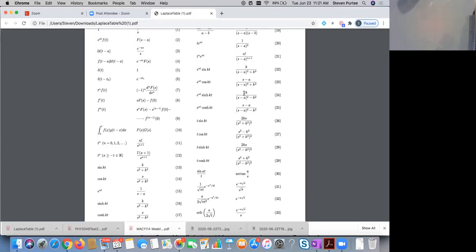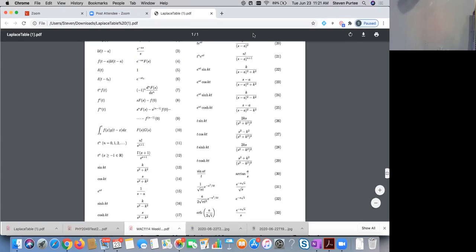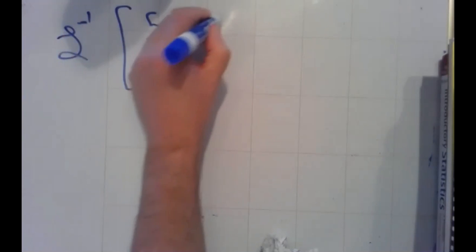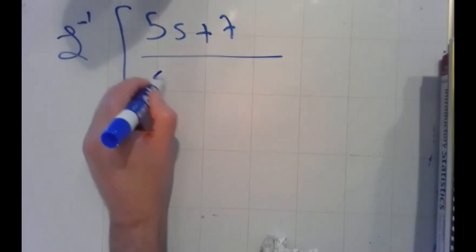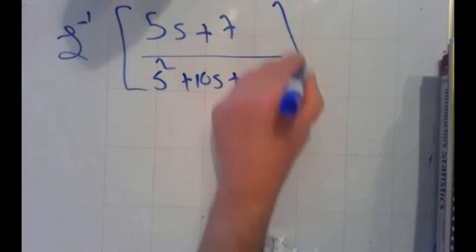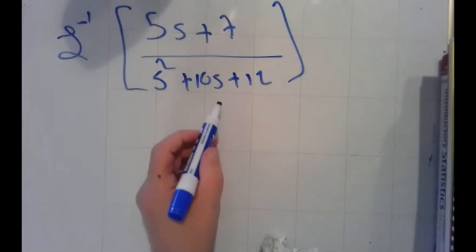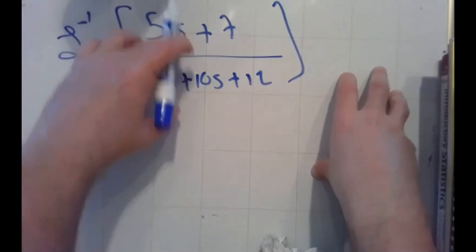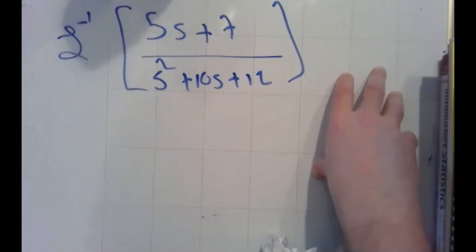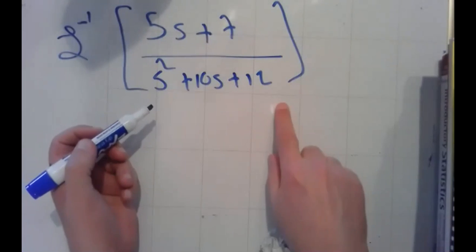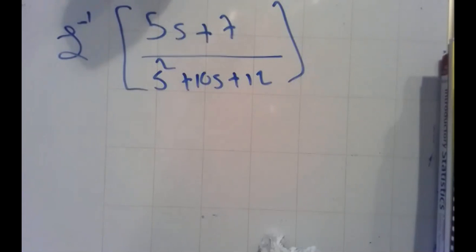Anytime you've got, say, a linear factor on top, if we wanted the inverse Laplace transform of, I don't know, 5s plus 7 over some quadratic, s squared plus 10s plus 12, then you complete the square in the bottom and split this up into two separate fractions. The s over stuff will give you some kind of cosine, maybe with an exponential. The constant over this quadratic will give you some kind of sine, maybe with an extra exponential.